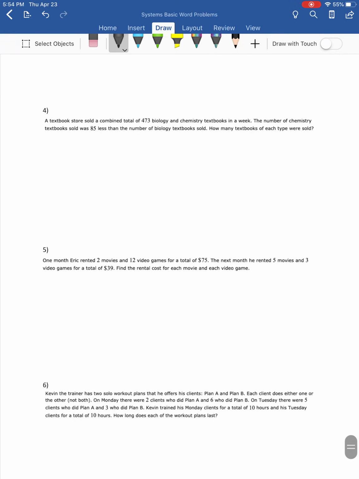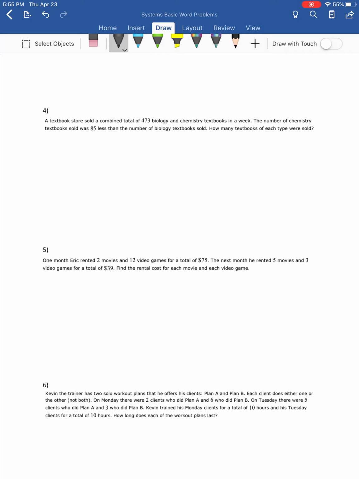Okay, number 4, a little different. Instead of just having numbers, we're actually having other actual items. So a textbook store sold a combined total of 473 biology and chemistry textbooks in a week. Number of chemistry textbooks sold was 85 less than the number of biology textbooks sold.